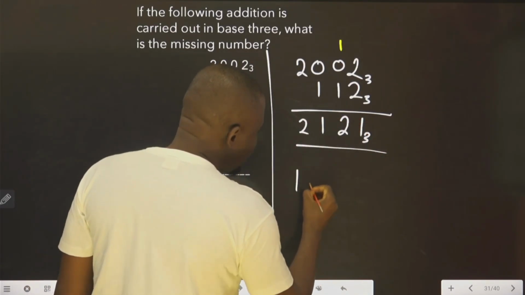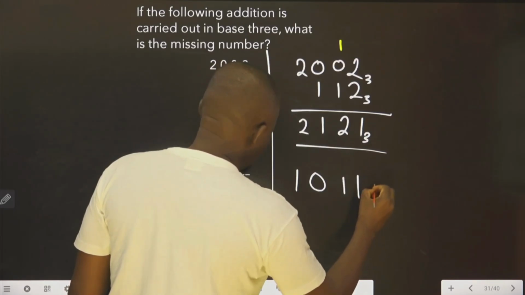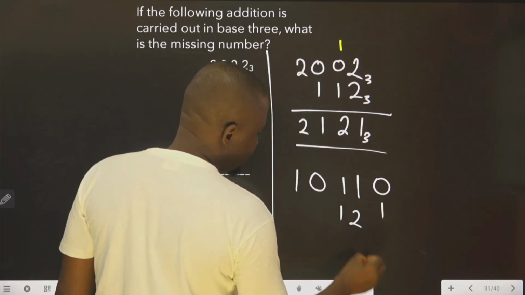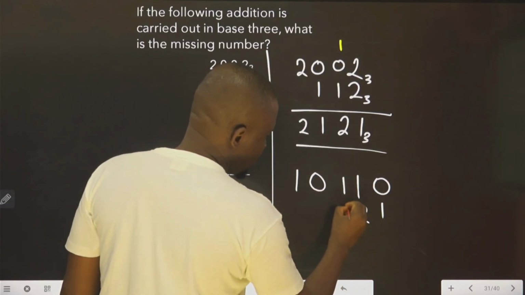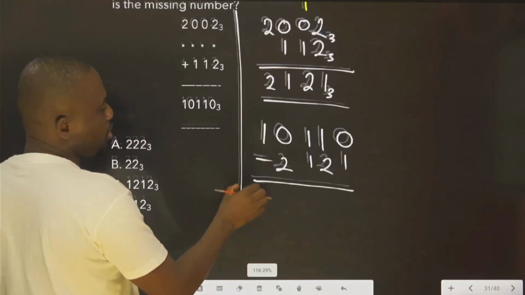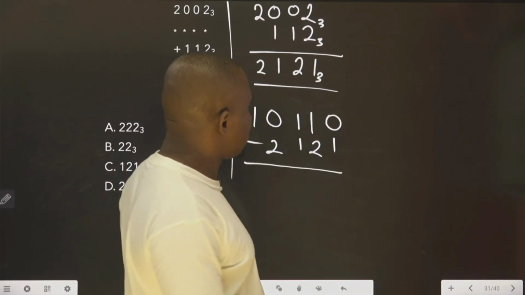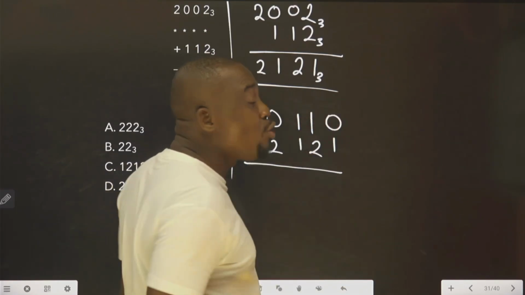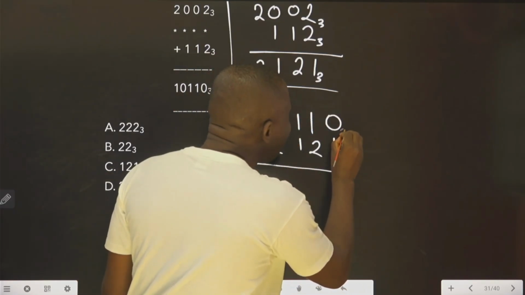We're going to say 1, 0, 1, 1, 0. We subtract 1, 2, 1, 2. 0 minus 1, we can't get that. Then we carry 1 from here and bring it in. The one we are carrying, remember, is to base 3.